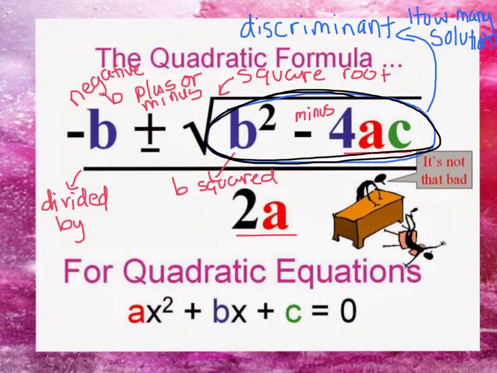I found this strategy in a textbook that said that if you simplify what's in the square root first, it makes everything else easier. So we're going to use this idea where we're going to circle what's in the square root. We're going to simplify it. That will also tell us how many solutions we'll have at the very end of solving the quadratic equation using the quadratic formula.